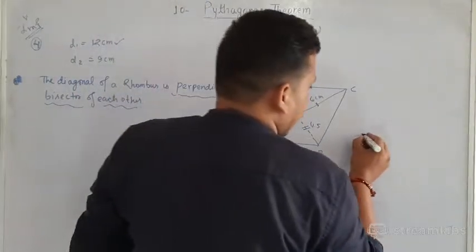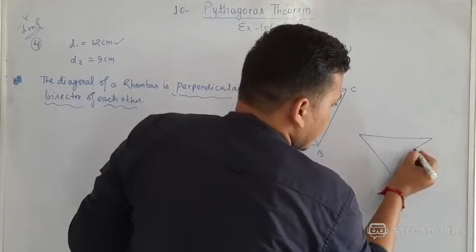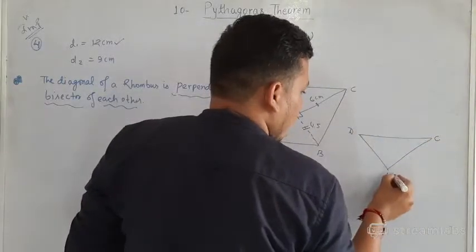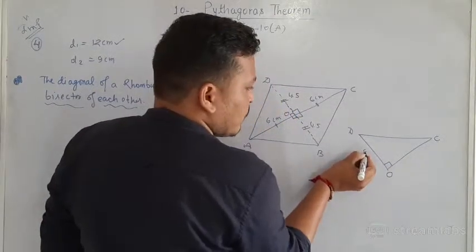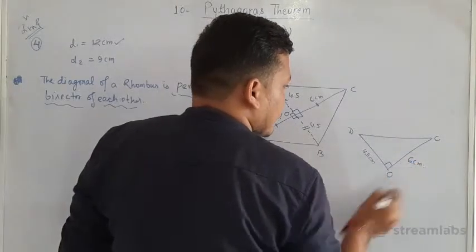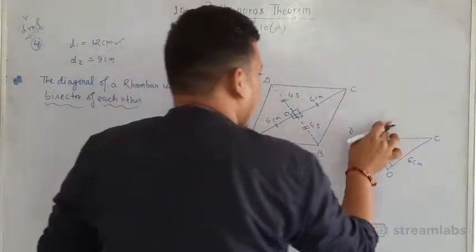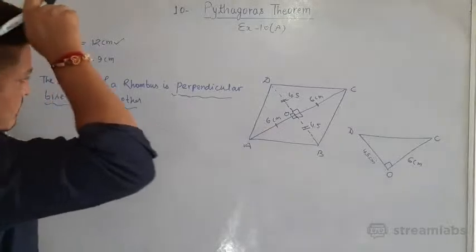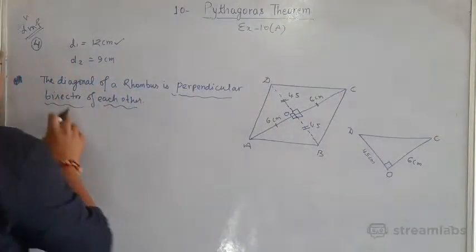Separately I am drawing this triangle DCO. One angle is 90 degree. This length is 4.5 centimeter and this length is 6 centimeter. So tell me what is the length of this side, which is the side of a rhombus? So we can calculate the length of the rhombus side. Is it clear or not, sir?